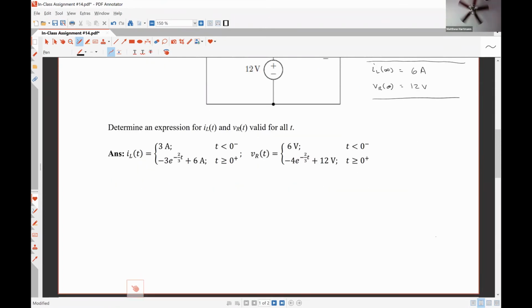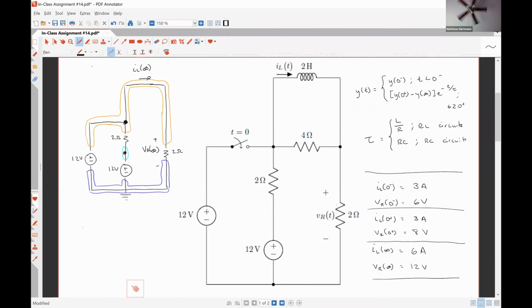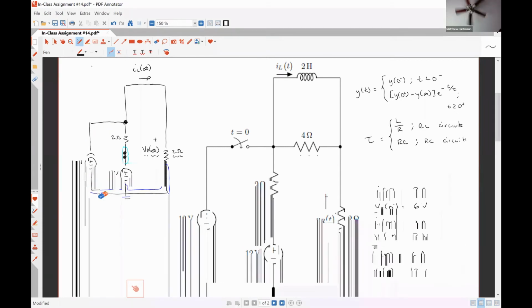So the answers are right here. Actually, let's calculate the time constant. We do need that. The time constant is going to be gained by looking at our circuit as a dead network during the transient condition.